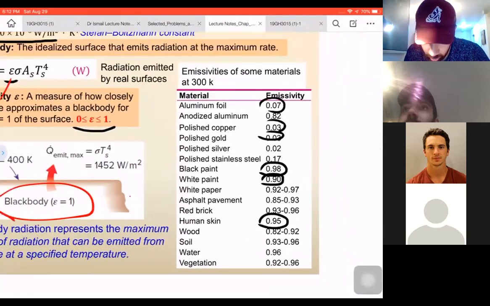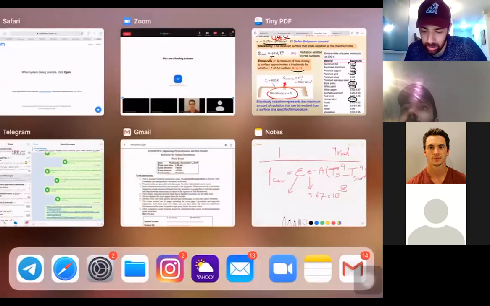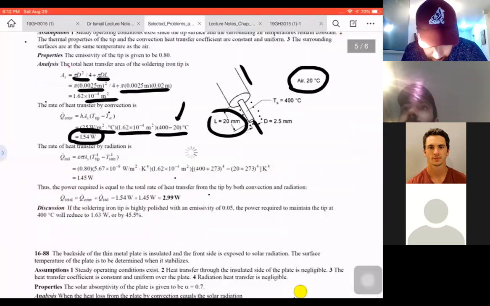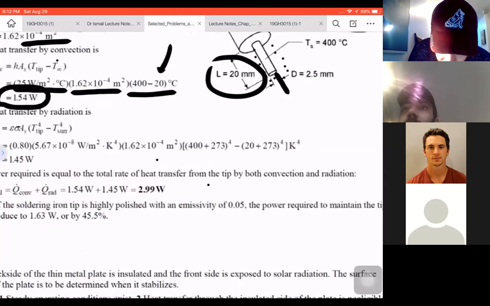So you will go and check the emissivity for iron. That should be available in the 6th table of the 16th chapter, maybe in the Cengel book. But for now, we will only substitute the amount, which is 0.8 for iron.